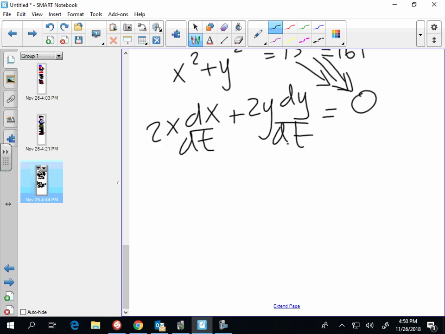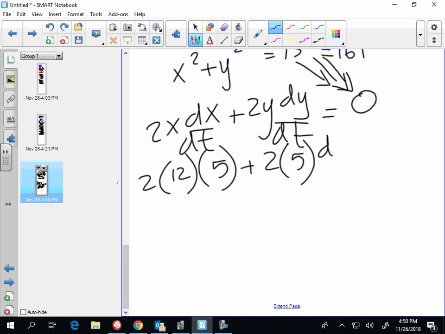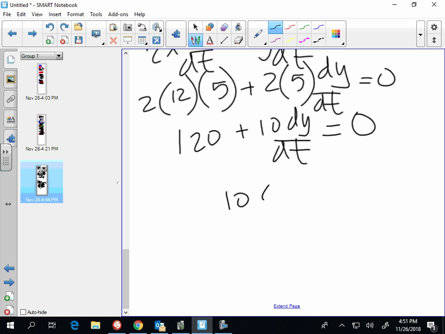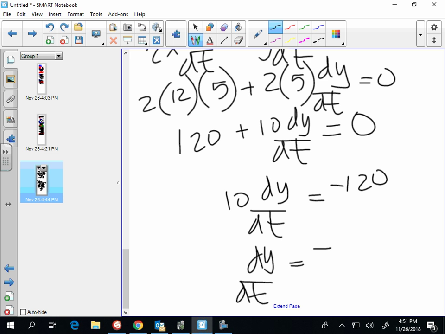Okay, so what do we know? We know that x equals 12 and dx/dt was 5. We know that y was 5, and we're looking for dy/dt. So I get 24 times 5, or 120, plus 10 dy/dt equals 0, or 10 dy/dt equals negative 120, or dy/dt equals negative 12 feet per second.